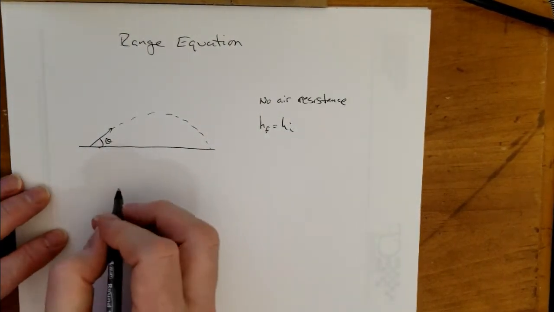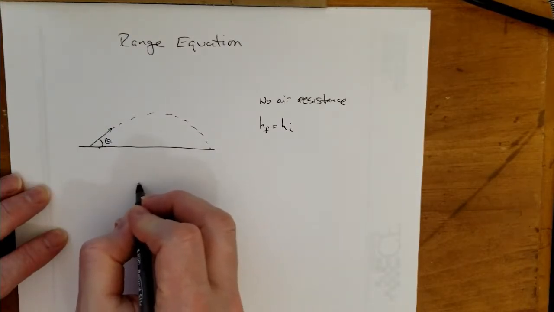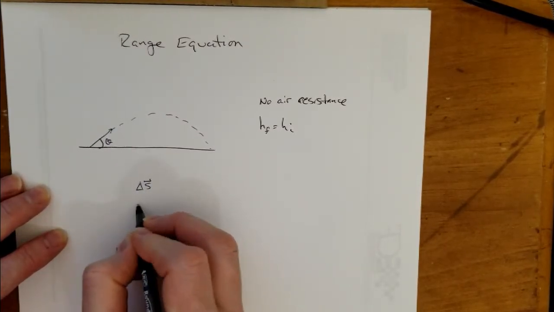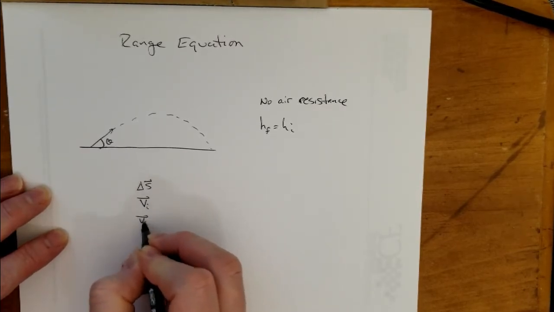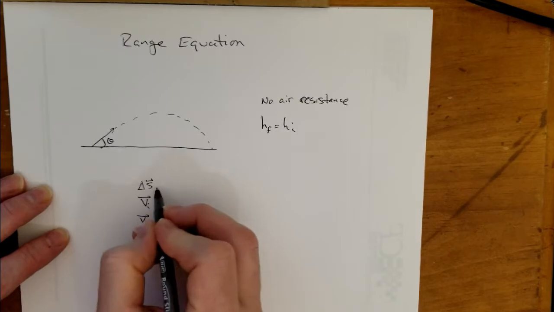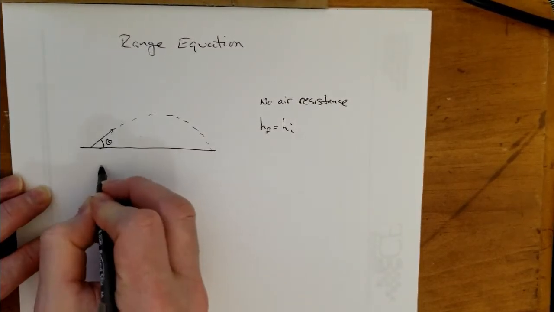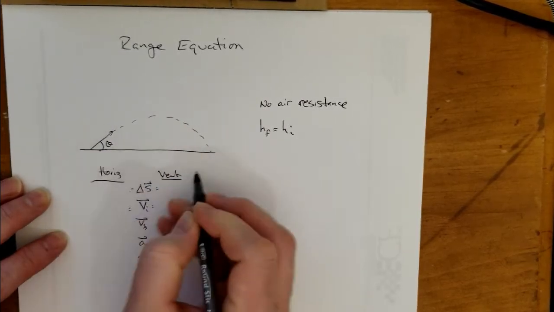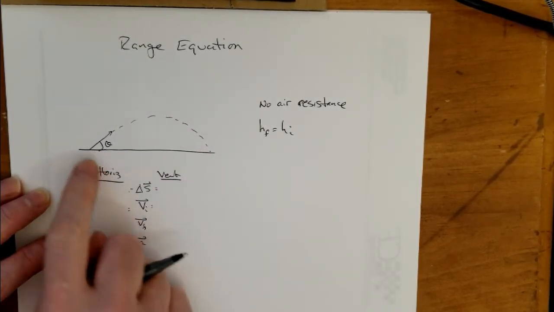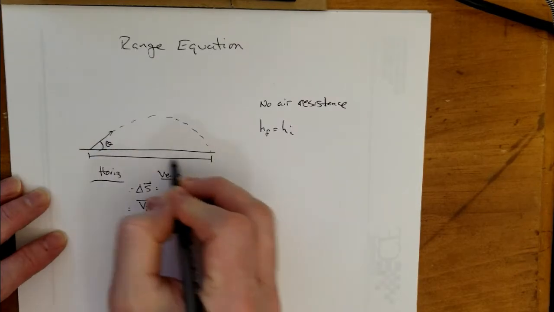So let's go ahead and we have, well, basically a few characteristics here. We have displacement, initial velocity, final velocity, acceleration, and time. This will be my horizontal values, and this will be my vertical values. I know that horizontally there's some range here, r.